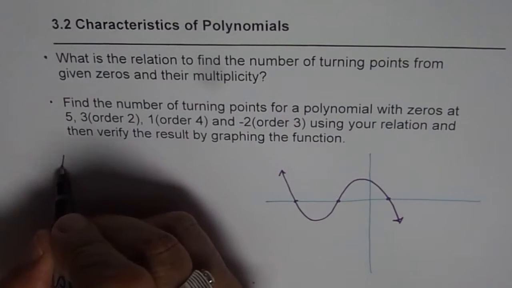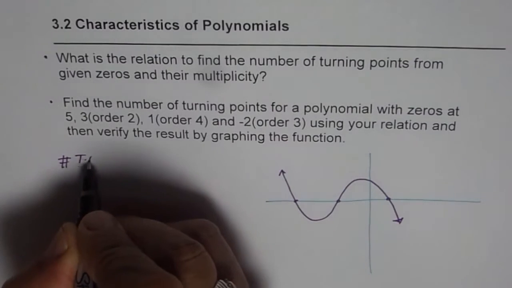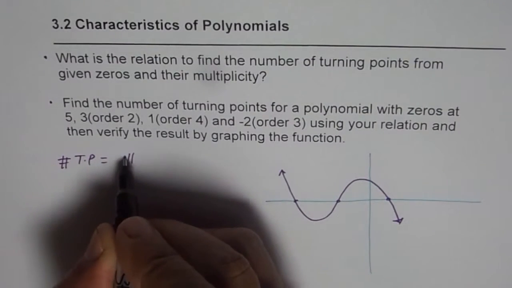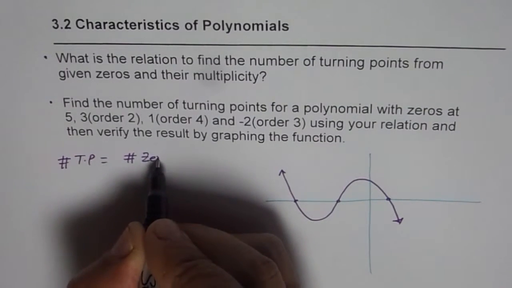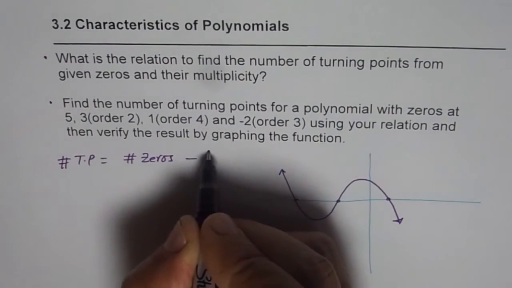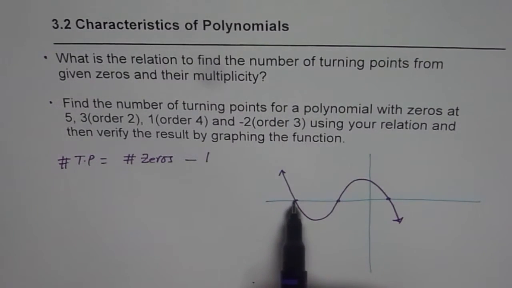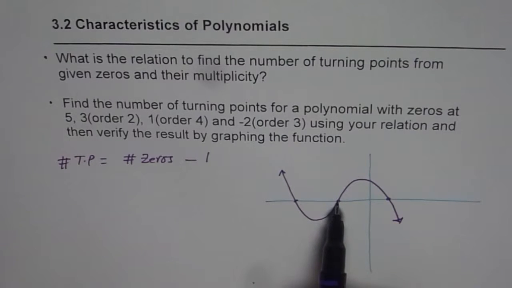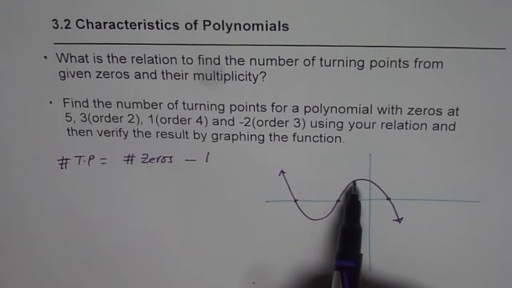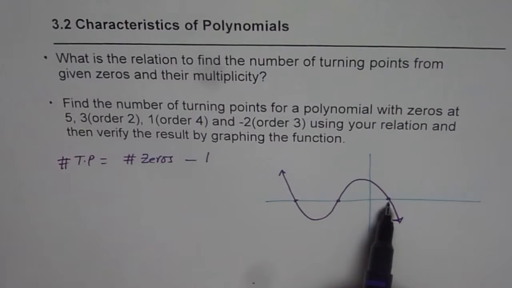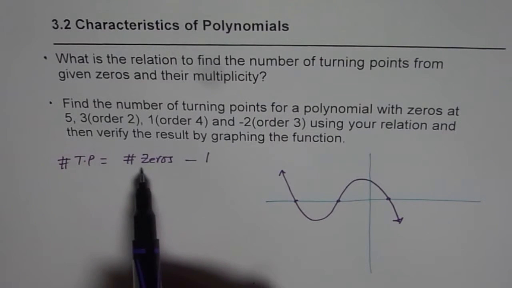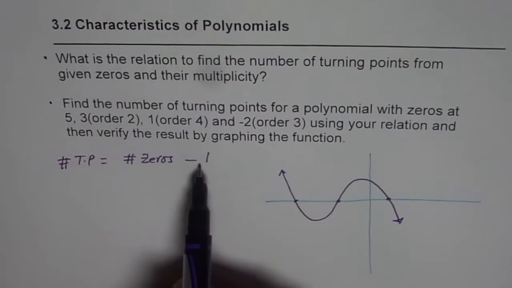Therefore, we can say that the number of turning points is equal to the number of zeros minus 1, right? So let us say you begin from here, cross the zero, you have to turn to get to the next zero, and then once you cross, you have to turn to get to the next zero. This process continues. So we get that the number of turning points is equal to the number of zeros minus 1.